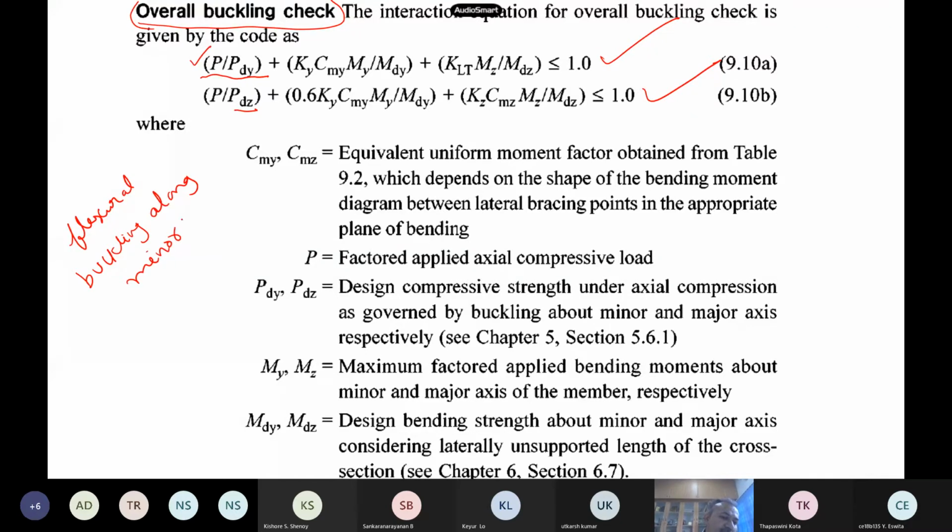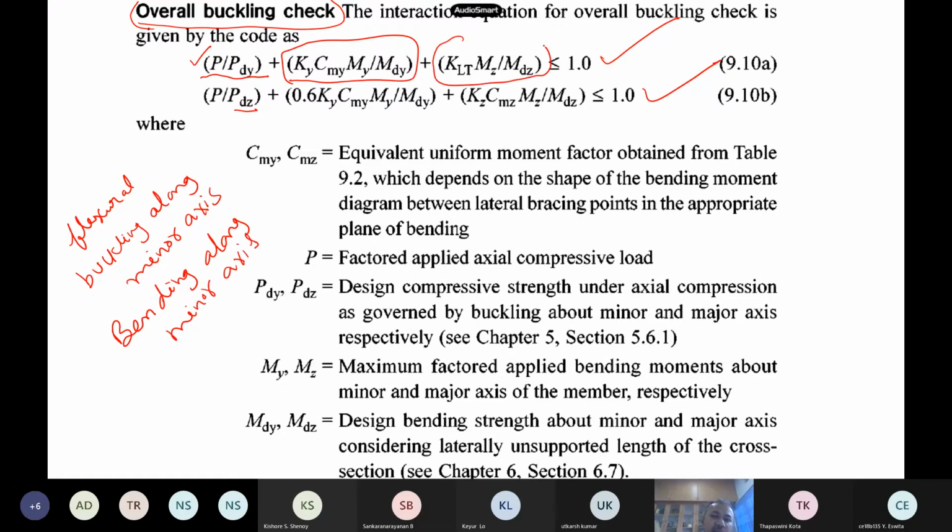Then we have this term, the bending moment, that is uniaxial bending along the y axis, the minor axis. Then the third term, what is this third term?